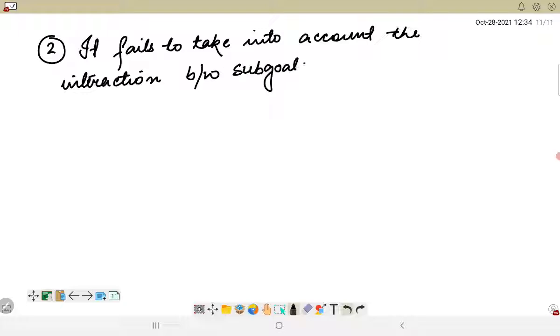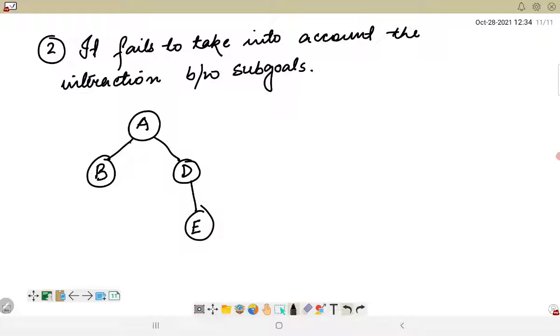Now when we are talking about interaction between subgoals, if I have something like this, let's say B, then D and E, these two have an AND arc, and this was having 5 and this is having 2. Now suppose in order to solve A, both B and D need to be solved.